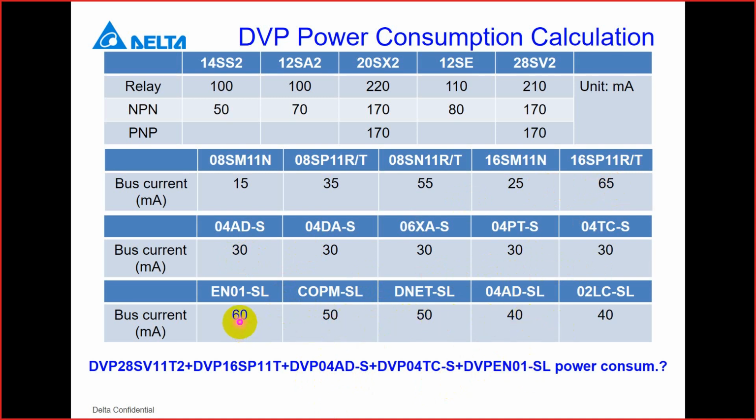So you can see 60, so that means 60 at 30, 120, then at 65, 185, then plus 170. So that means within 400 milliamp. So if we use 1 ampere power supply, that is enough. So this is the purpose why I talking about this page.